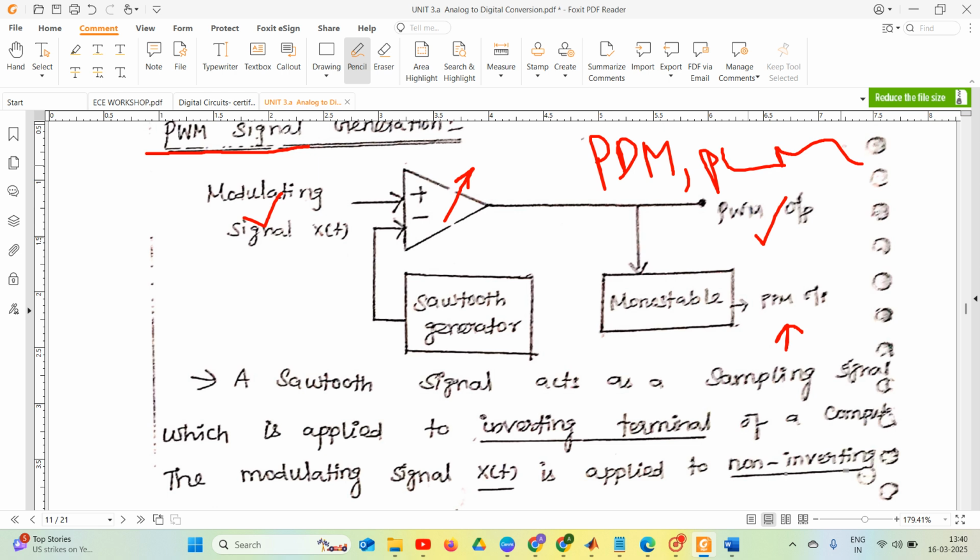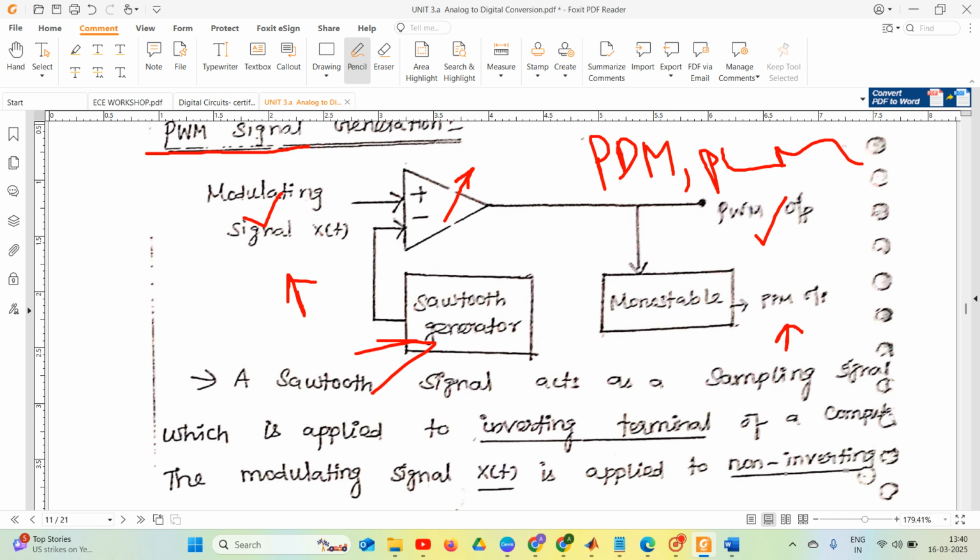By using this circuit. In order to generate pulse width modulation, one condition is there: the modulating signal amplitude should be greater than the sawtooth signal amplitude.